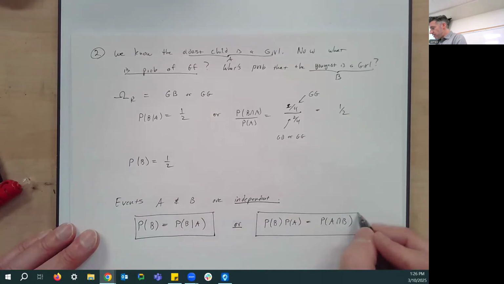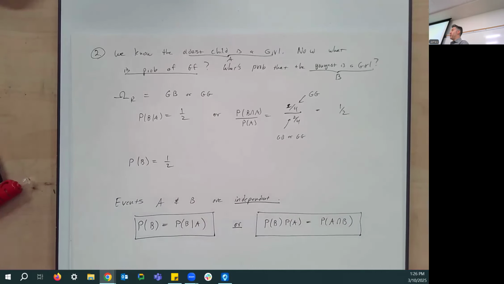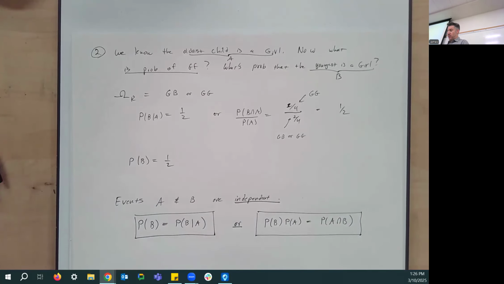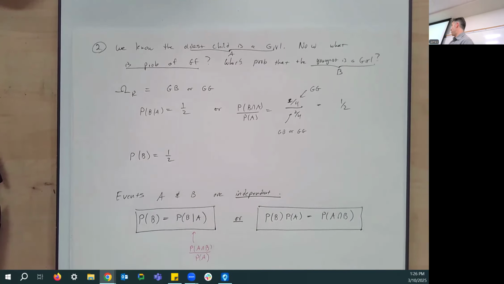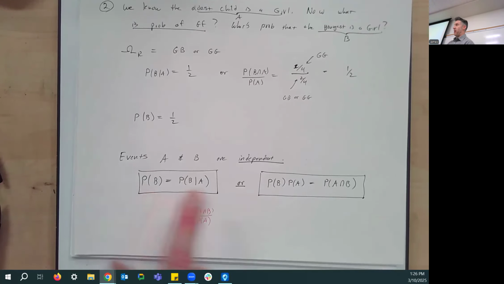But if someone ever asks you to show that 2 events are independent, this is the way I usually think about going about it. But you might recognize that this is going to be the same as that because the right side of this formula here is just the probability of A intersect B divided by the probability of A. And if you multiply both sides by the probability of A, this equation would become that equation. So they really are the same equation, just a different way of expressing it.